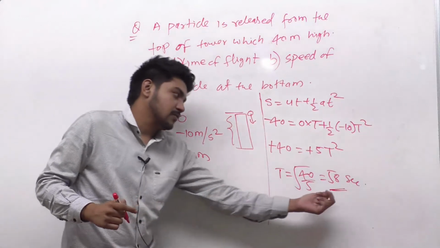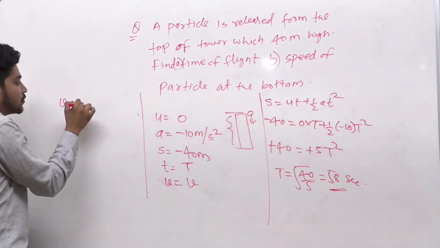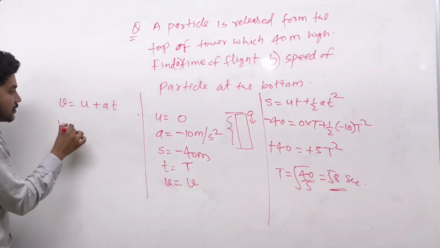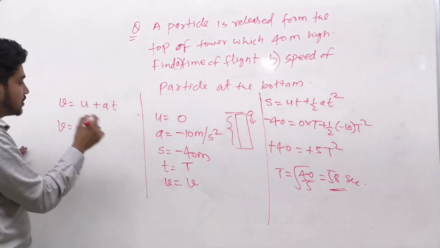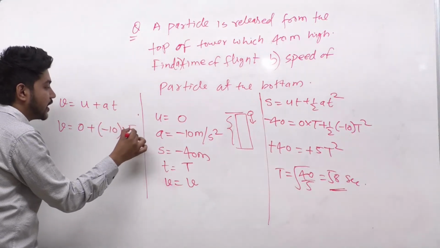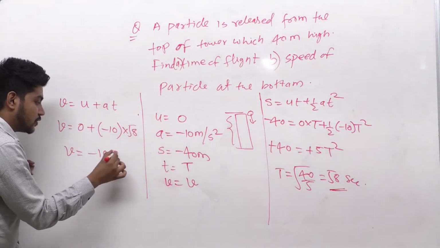The other variable is the final velocity. Now we have time also, so we can use the formula we were using before. v is equal to u plus at, u is 0, plus acceleration minus 10 and time root 8. So velocity is minus 10 root 8 meter per second.